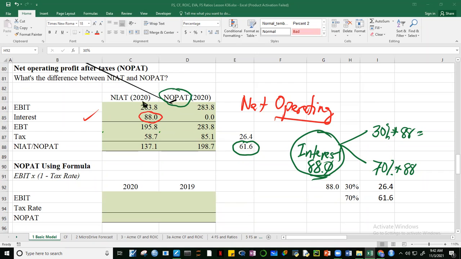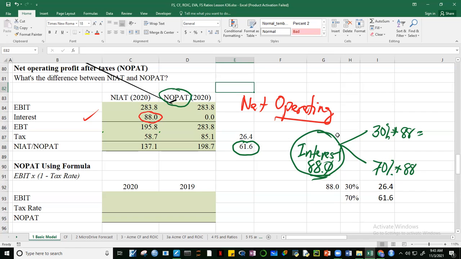So we are at this juncture, we would like to see the difference between net income after tax and net operating profit after tax. Now, as the name suggests, guys, net operating profit after tax indicates that it should be purely operations. We are assessing the performance of operations.